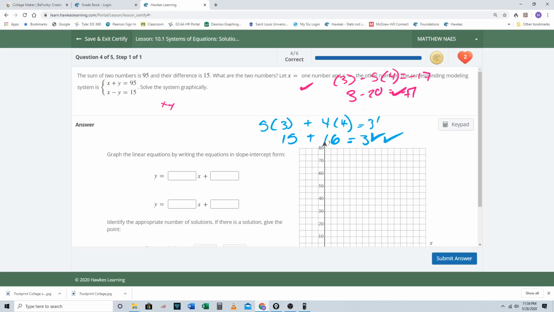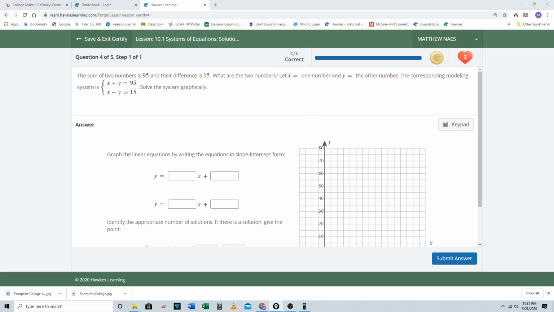Okay, clear this. They want you to do the same thing, solve for y, but it happens to be really easy here. Because all you have to do here is subtract x over. So we can just write that as y is equal to negative x plus 15. And here, when you subtract x over, we get negative y equals negative x plus 15.